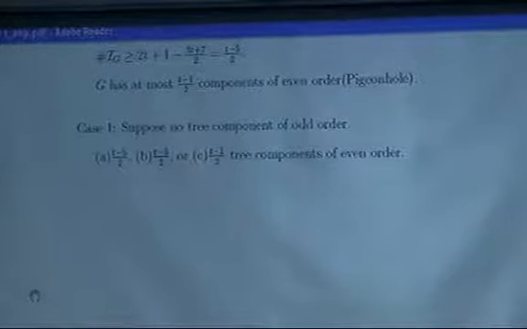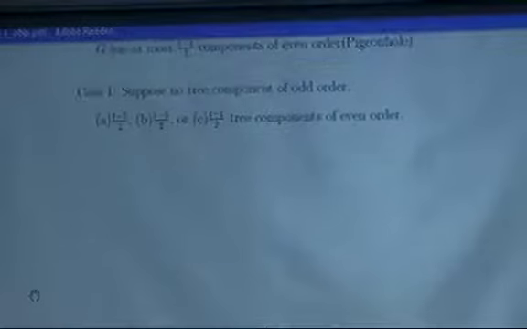So suppose there is no tree component of odd order, then all the tree components are of even order. So with these two inequalities, you have this many tree components of even order. And I solved each case separately.